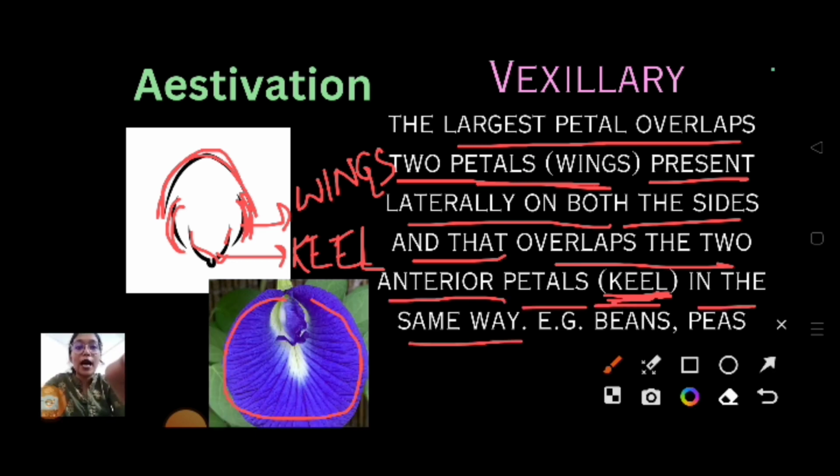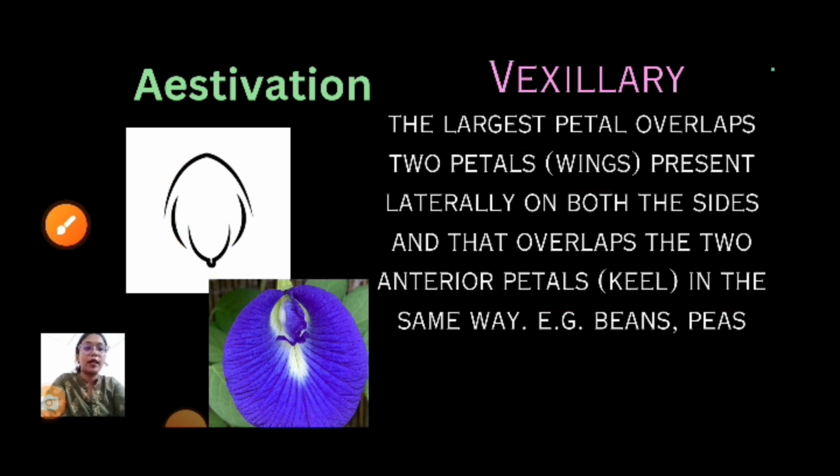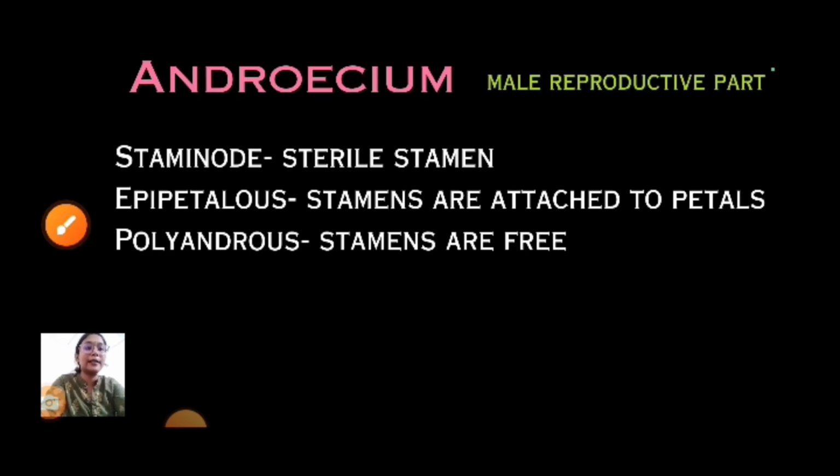So one large petal will be there, then the smaller wing petals will be there, then the jointed anterior petal or keel will be there. Is it clear? You can see this in case of beans or peas. Like this flower, you can see vexillary type of estivation. Is it clear? Then moving on to the next slide.